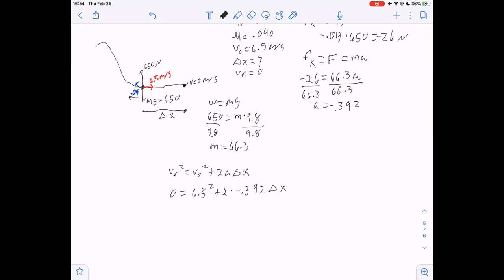Whenever we move the 6.5 squared over, it turns into negative 42.25. Those multiplied together is negative 0.784 times delta x. Divide both sides, leaving us with a delta x of 53.9 meters.